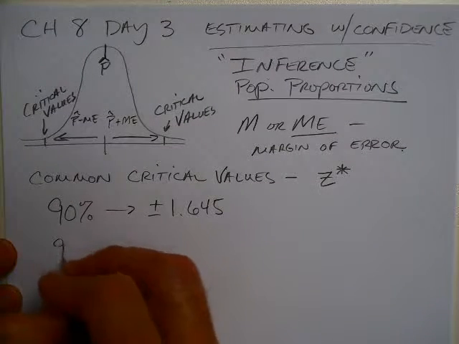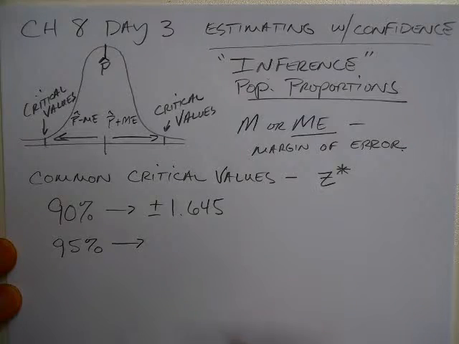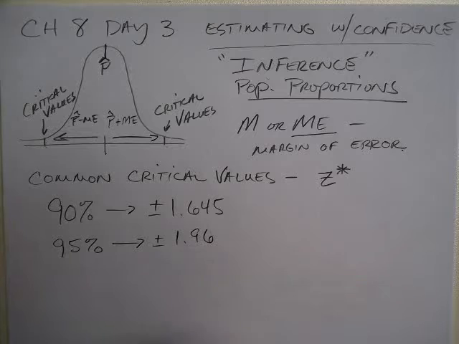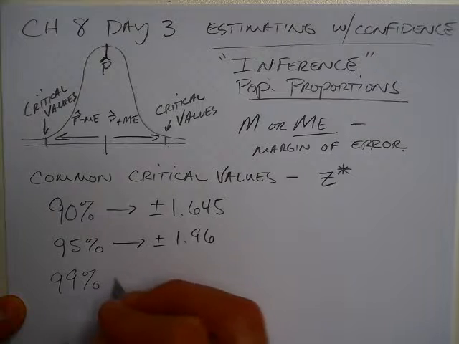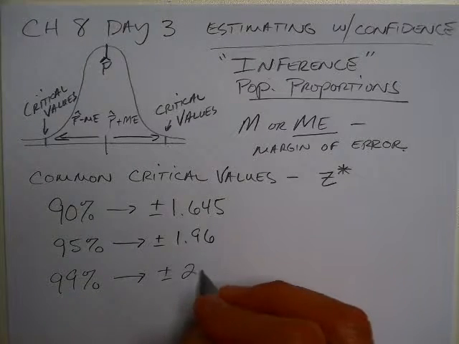For 95%, a little more accurate than 2 and negative 2, it's going to be plus or minus 1.96. We've seen that one a few times already in our notes. And for our 99% confidence interval, this is plus or minus 2.576.